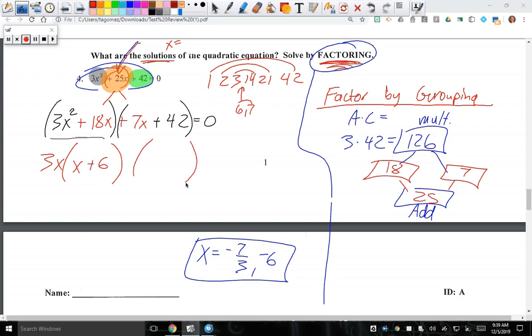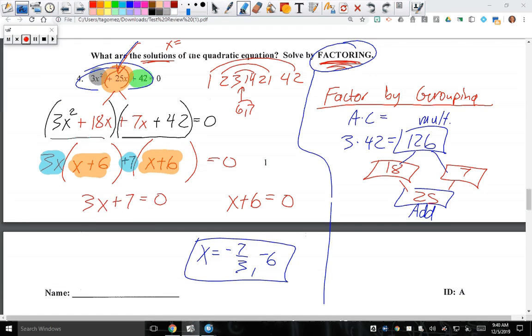Now over here, what's the GCF that we're going to pull out from this? 7. So I'll pull out the 7. And what are the scraps that are left? X plus 6. So again, what's inside the parentheses is one of the answers. What's outside of the parentheses, or one of the factors is what I meant to say, is the other factor.